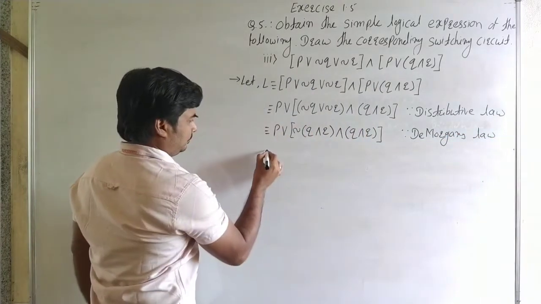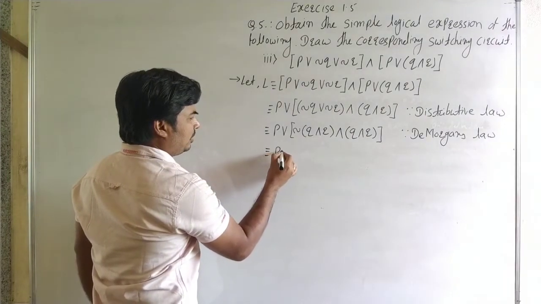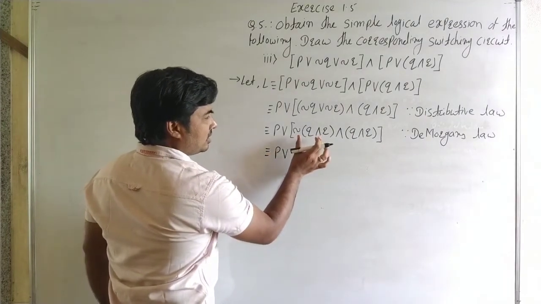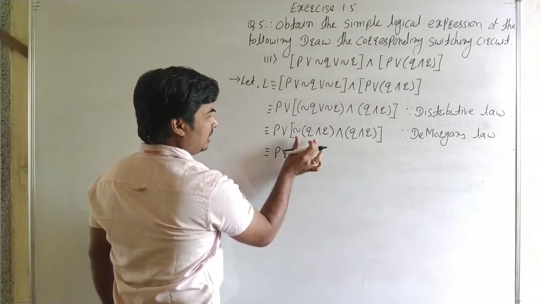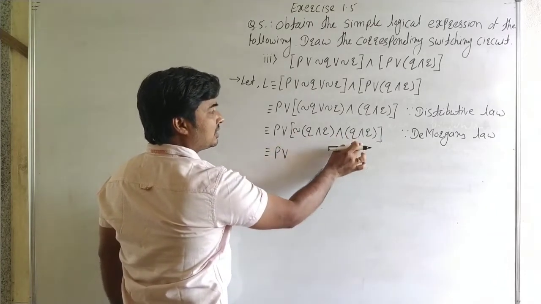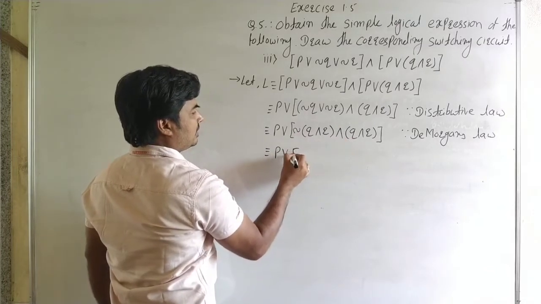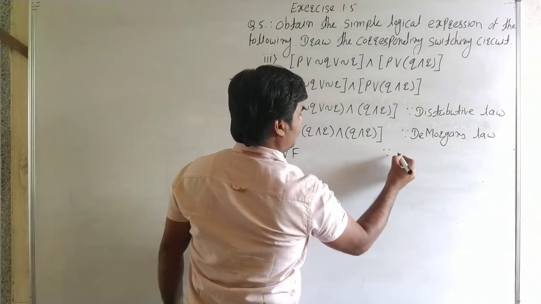Okay, now it is P or. Here statement and its negation, it is Q and R, and it is the negation of Q and R. Statement and its negation, it is false. It is the complement law.